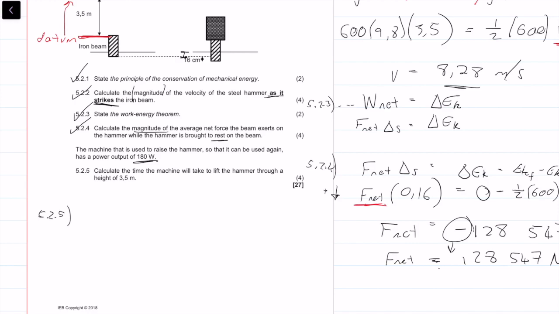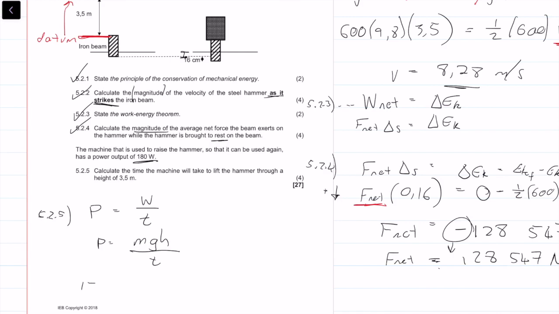Okay, so let's see, what is the equation we're going to use? The governing equation is going to be power is equal to work over time. Okay, and what work are we trying to do? We're trying to lift this hammer upwards. So the work is going to be mgh, so power is equal to mgh over t.